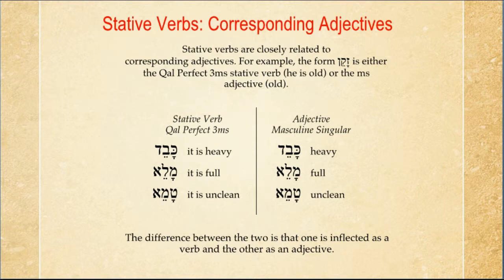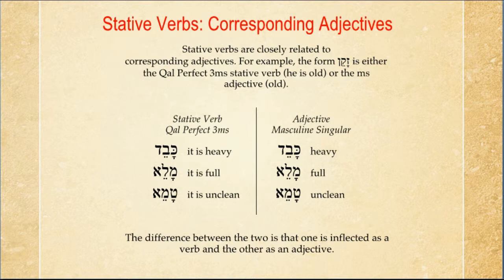Another part about stative verbs that needs to be mentioned, once again not a major point, is that stative verbs are closely related and correspond to adjectives. For example, you have the verb zaken here, and it could either be a Qal perfect third masculine singular stative verb, meaning he is old, or it can be a masculine singular adjective that just means old. So when you look at a word like that, you say, what is it?